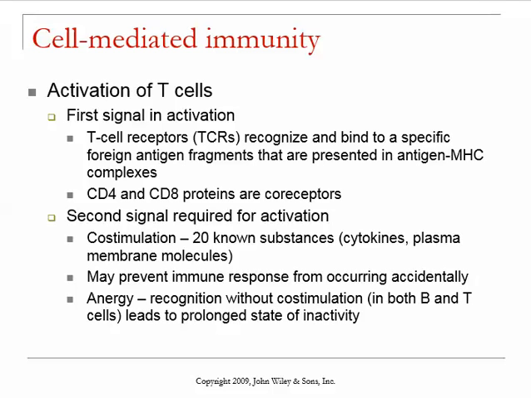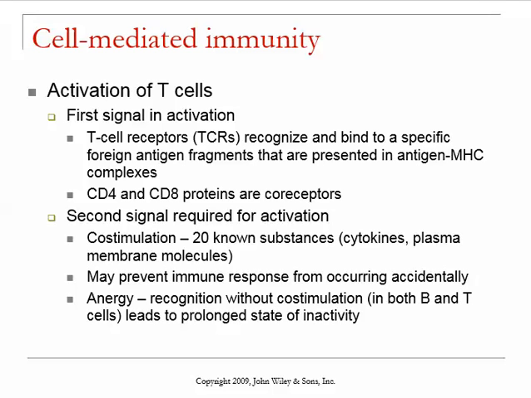So there are receptors that bind to that antigen fragment presented in the MHC complexes. So these are processed antigens. There's a couple of different types of receptors. One is called CD4, the other one's called CD8. I'm not that worried about it right now.